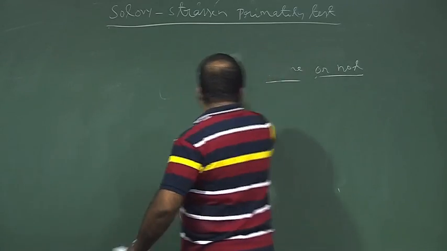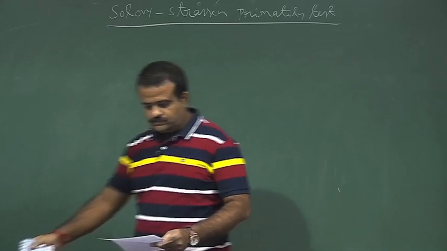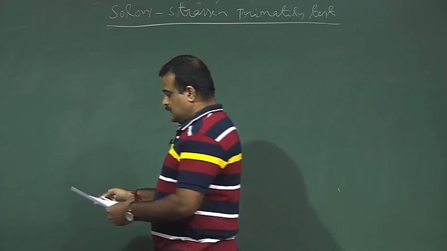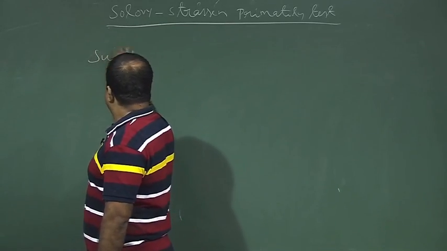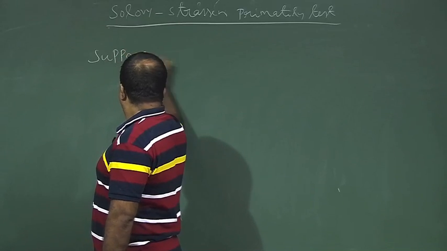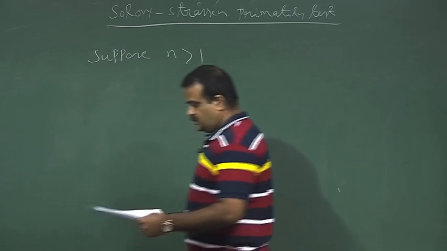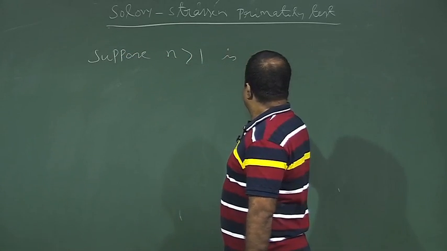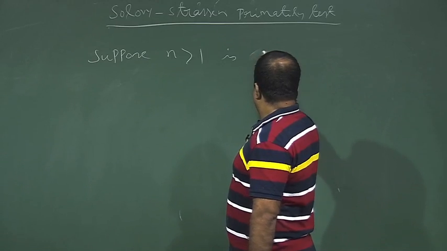So here, suppose n is greater than 1, which is an odd integer.